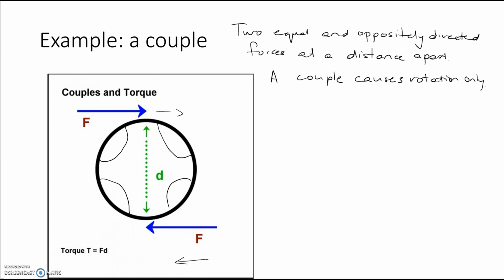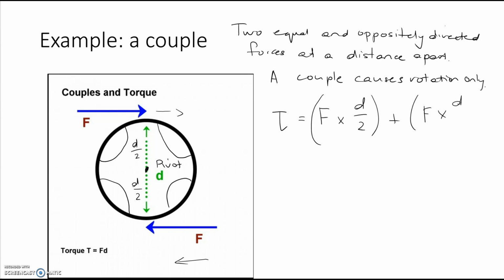You imagine you're putting your hand on the tap top and you're turning it, so the size of the torque is going to be this force. Now this is the pivot point here, so this distance is half, and it's a circle, so it doesn't matter whether it's across or downwards. So it'll be the sum of these two. There's the first one, and then the other force operates in the other direction, which is also half the distance. Now if we perform the maths on that, we get F times D, which is what we already knew.